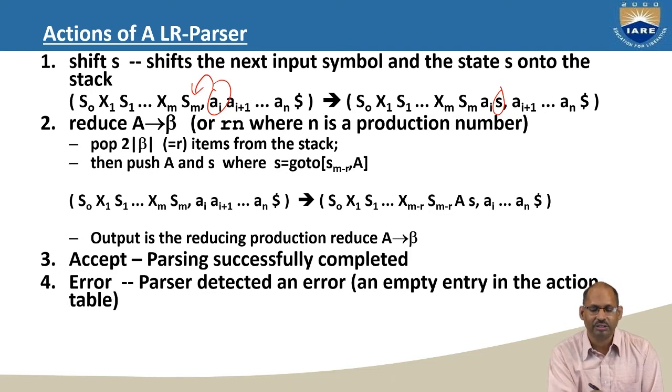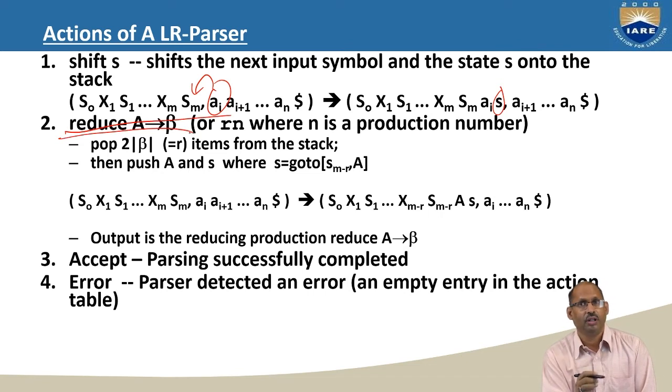Then the reduce action. If the reduce action is A → beta, let r be the length of beta, that is the number of elements in beta. Pop twice the length of beta, that is 2r elements, from the stack.